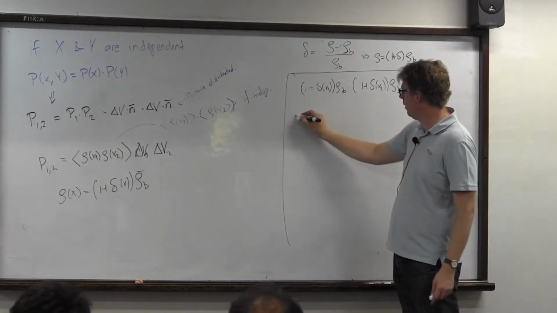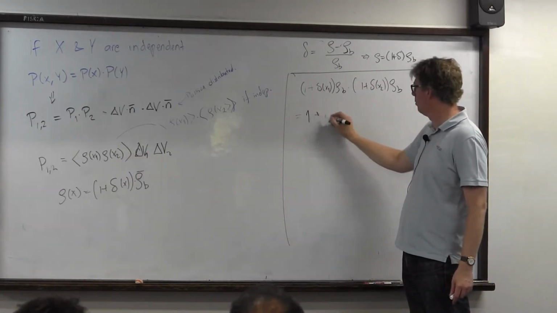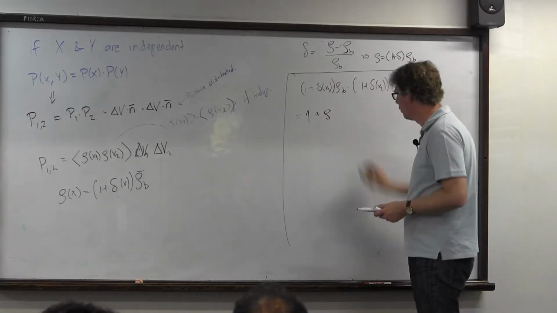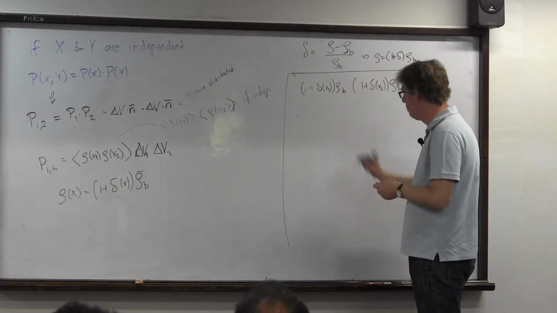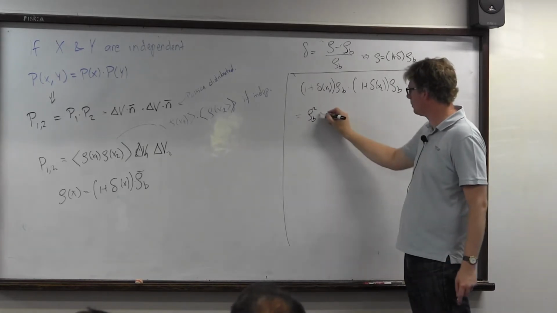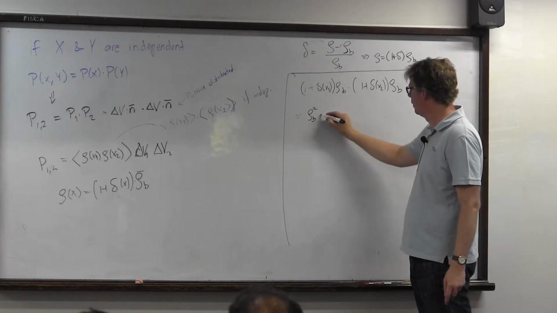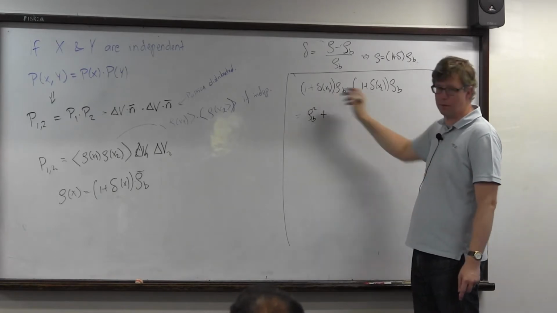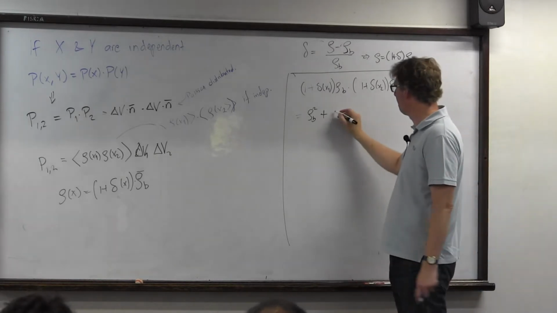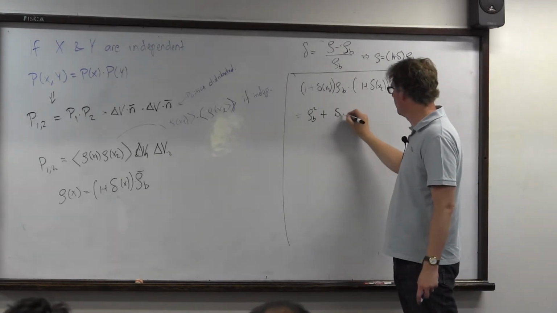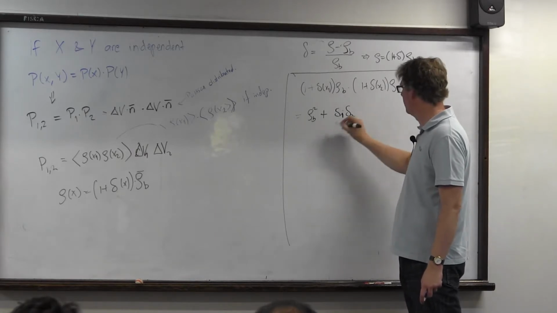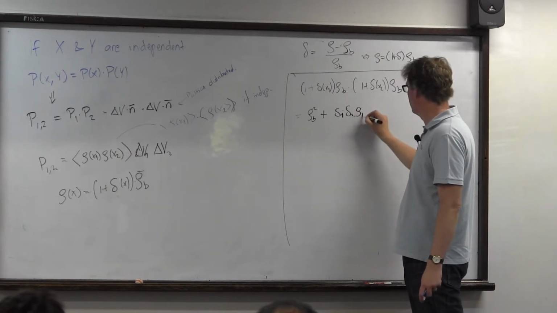I multiply that out, I get, no, sorry, not 1, rho b squared, plus, and then I get this cross between the deltas here. The delta 1 delta 2 rho b squared.